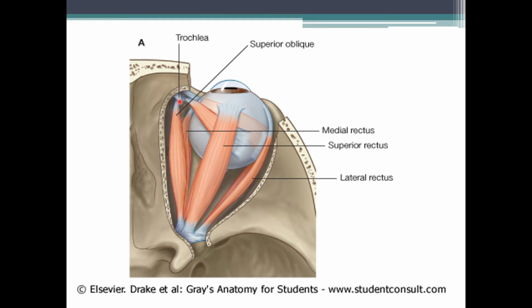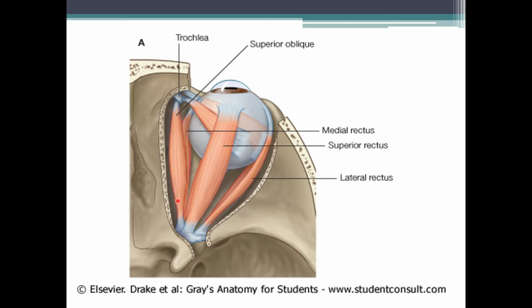Then the tendon of the superior oblique passes downwards, backwards and laterally, beneath the superior rectus, and then gets inserted into the sclera behind the equator of the eyeball, between the superior rectus and the lateral rectus.